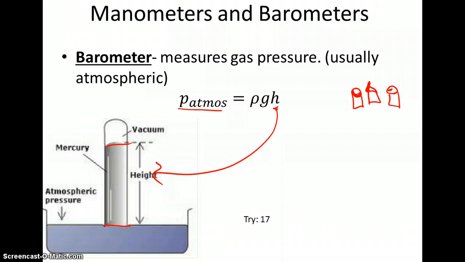In number 17 it says the container shown in figure 13.17 is filled with oil. I know that oil has a density of 900 kilograms per meter cubed. Okay, I actually don't even need to know whether that picture is a barometer or manometer.